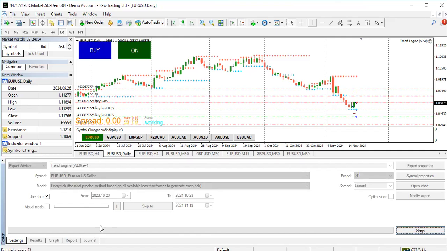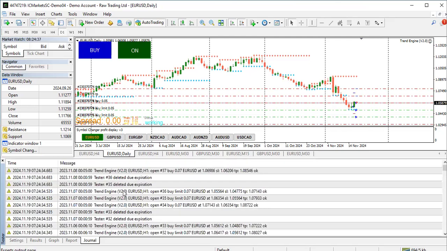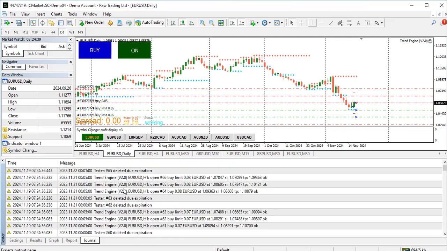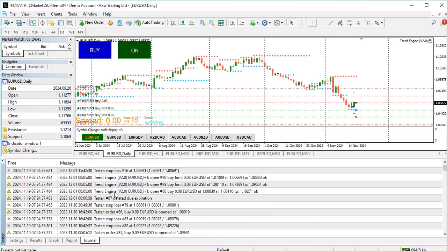It's going to try to populate the data initially. All right, this is basically populating the data that is necessary to run the back tests. All right, you can see the trades that are already running.